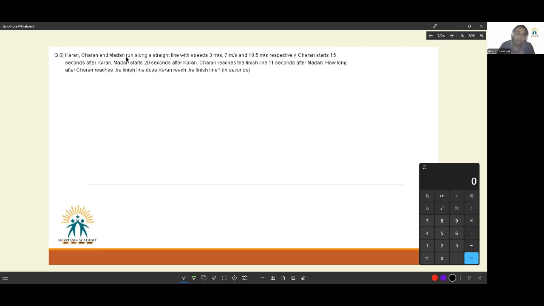Next. Karan, Charan, and Madan run along a straight line with speeds of 3 meter per second, 7 meter per second, and 10.5 meters per second, respectively. Karan has a speed of 3, Charan has a speed of 7, Madan has a speed of 10.5. Charan starts 15 seconds after Karan.